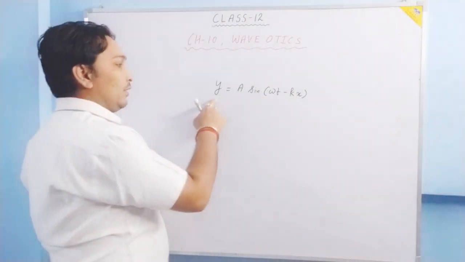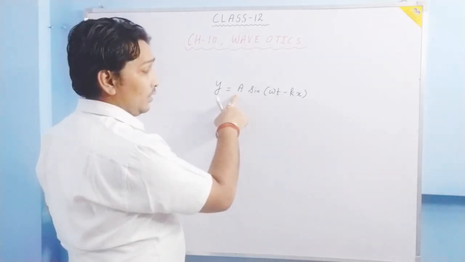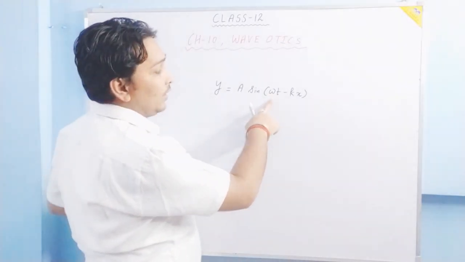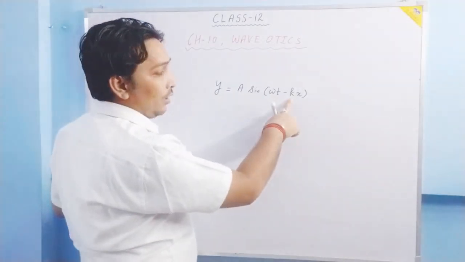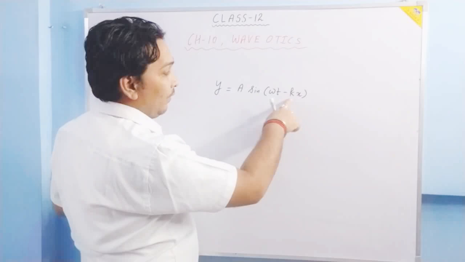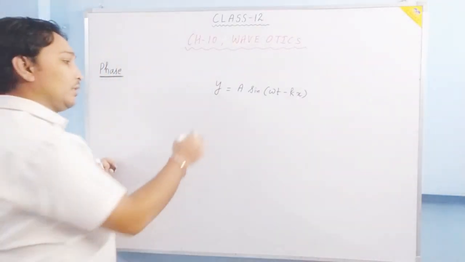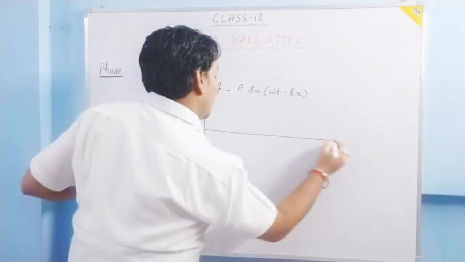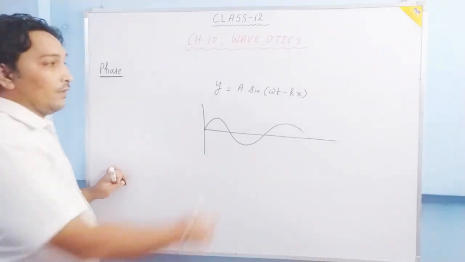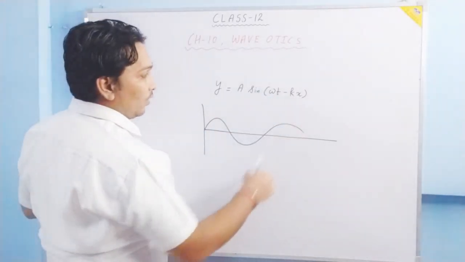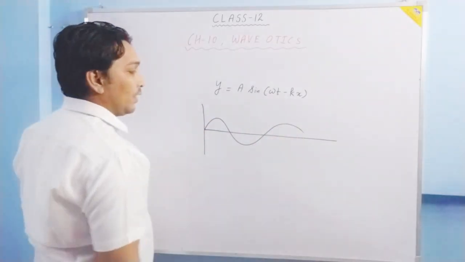Here y is the displacement of the particle at time t, A is amplitude, omega is angular frequency, t is time, k is called angular wave number, and x is what? Suppose this is the wave which we are studying.